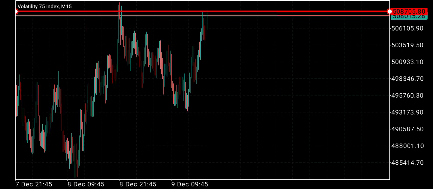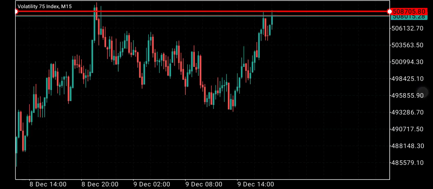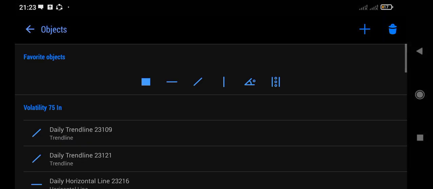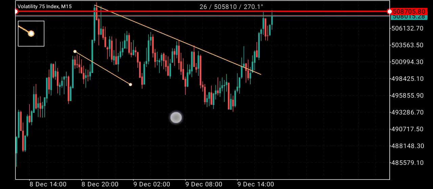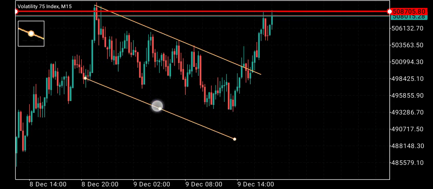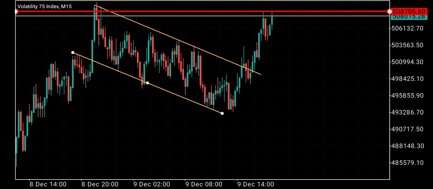So when we dive to the 15-minute, I can see that we're in a little bearish channel over here, and the bearish channel mostly tells us that the market is likely to move up.